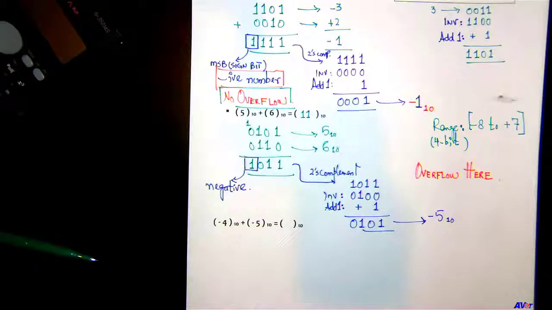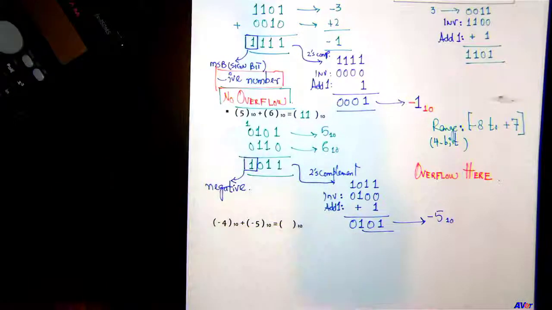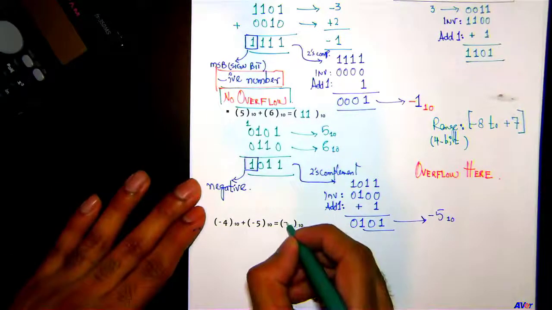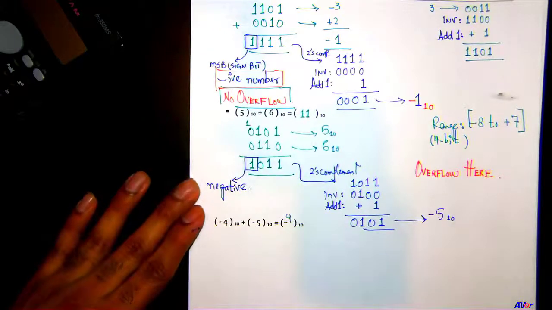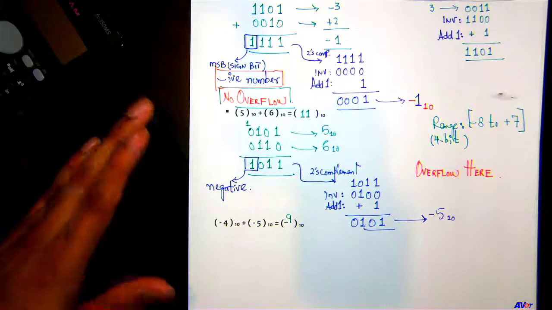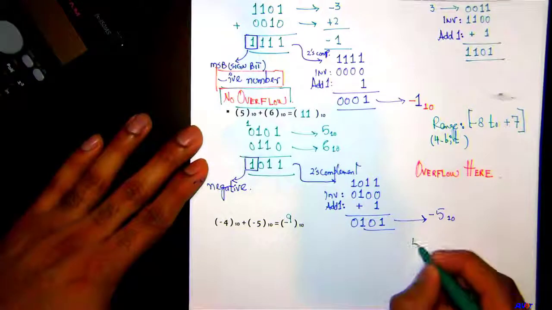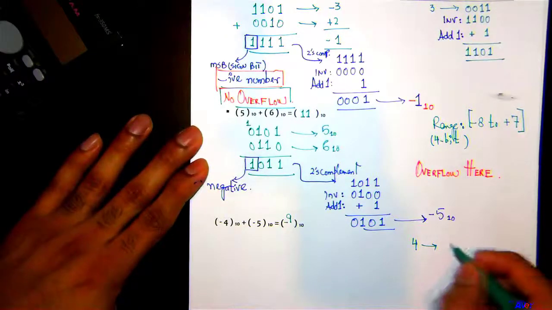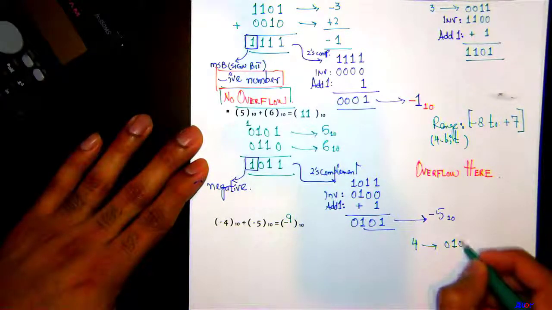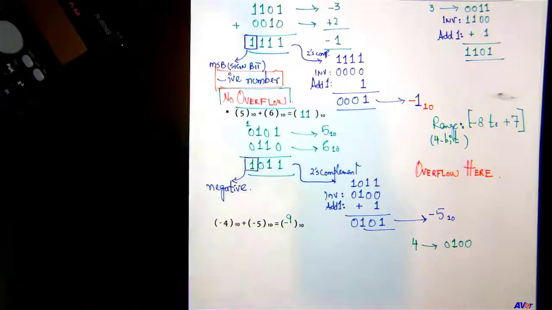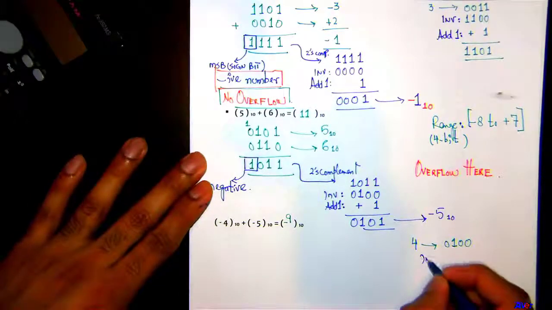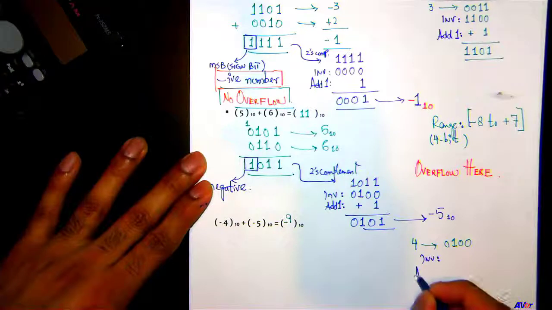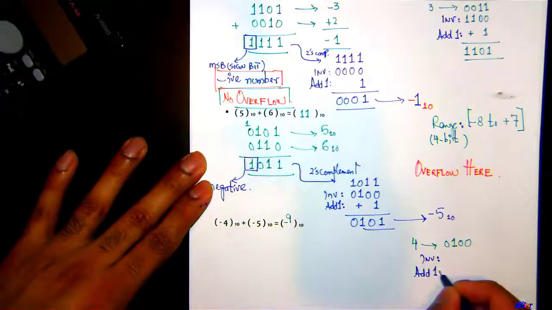Let's do one more example. This is negative 4 plus negative 5. Again, we're expecting negative 9 here. 4 is 0, 1, 0, 0. Invert it. Add 1.